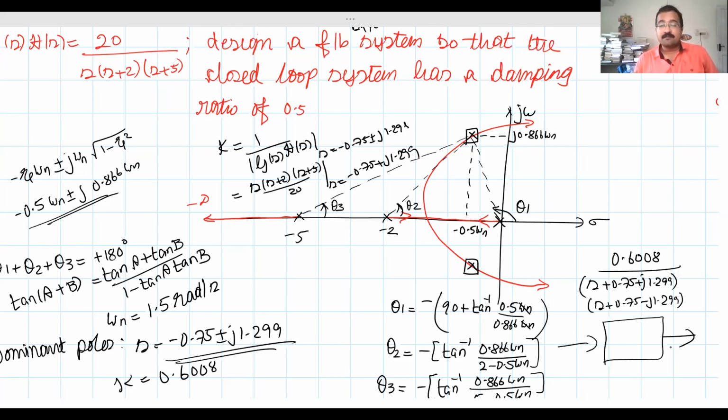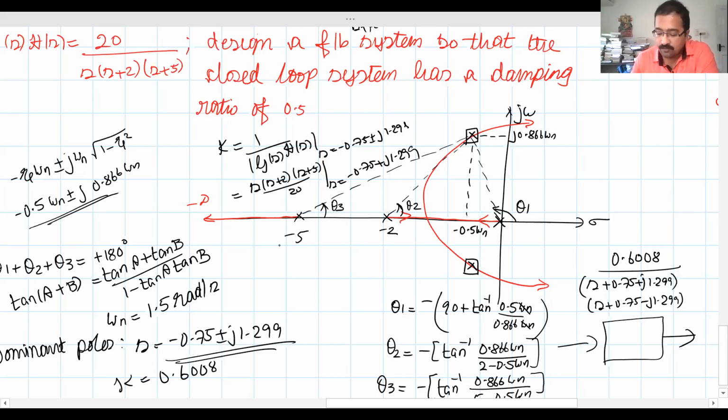Keep in mind here the main assumption is that higher order poles are far away from the dominant poles. Normally, if the ratio of this third pole to the dominant pole real part is 5 or greater, we can ignore the third pole. Again, there are no hard and fast rules.